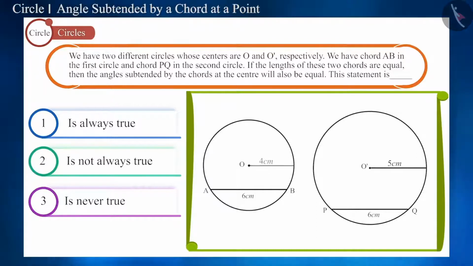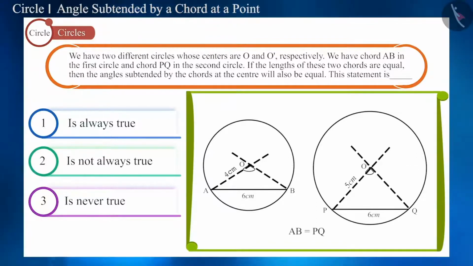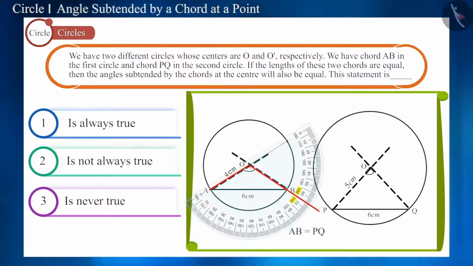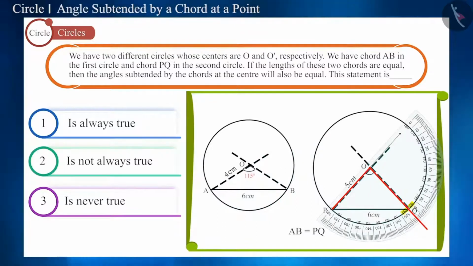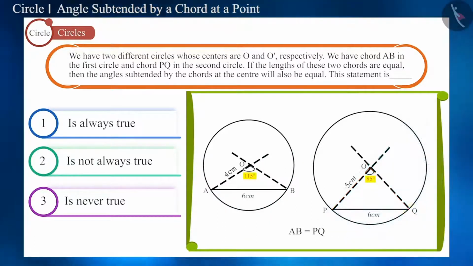Make angles subtended at the center by these chords and find their measurement with the help of a protractor. Friends, you can see that these two angles are not equal. So, our first option is wrong.